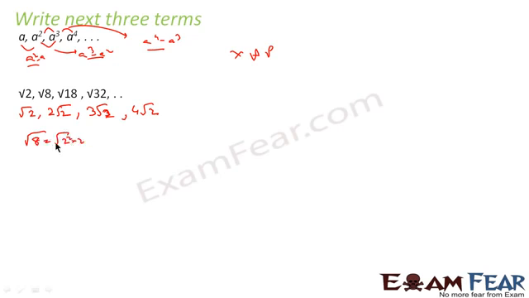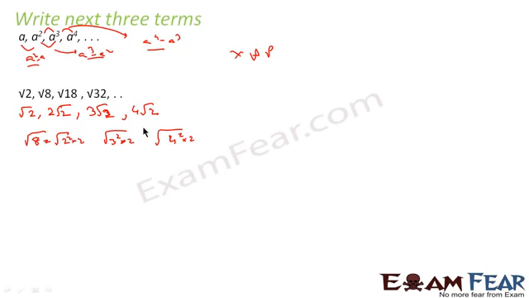Root 18 is nothing but root of 3 square into 2, 3 square I can take out, this becomes 3. Similarly root 32 is root of 4 square, 16, into 2, so 4 square I can take out, this becomes 4. This is my sequence.